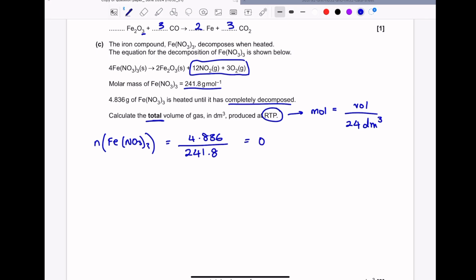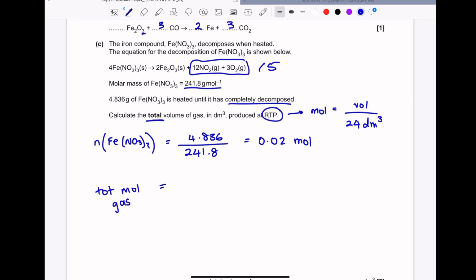That would be equal to 0.02 moles. Then we could use a molar ratio. So we've got 4 to a total of 12 plus 3, so that's 15. So the ratio is 4 to 15. So then the total moles of the gas would be equal to 0.02 multiplied by 15 divided by 4.